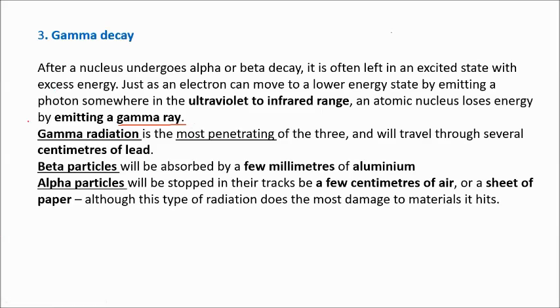So what is a gamma ray? Ano yung penetrating power ng gamma ray? This is the most penetrating of the three, and will travel through several cm of Pb. Kahit na si Pb is used sa mga shield ng radiation, pero makapenetrate pa rin itong gamma ray.